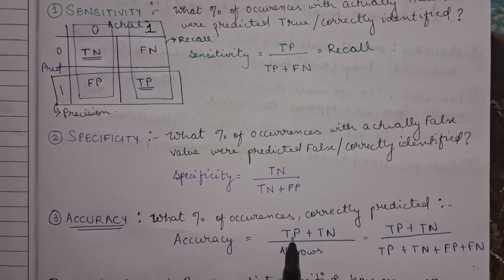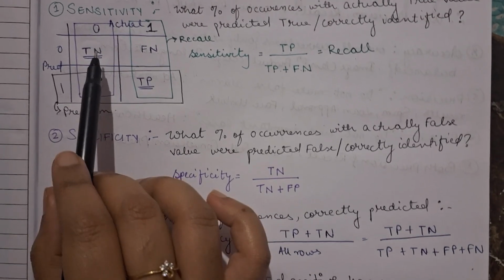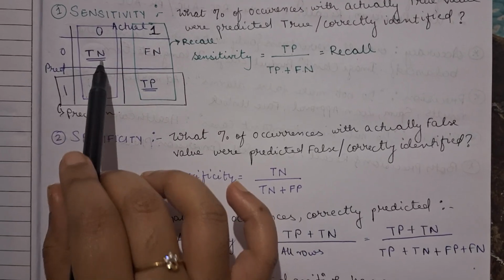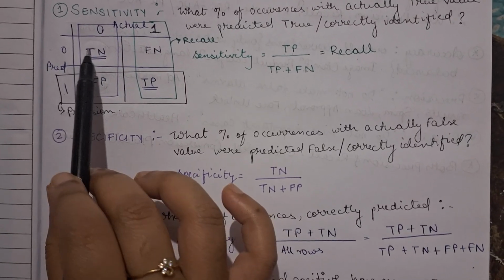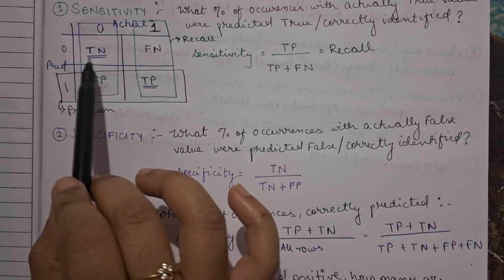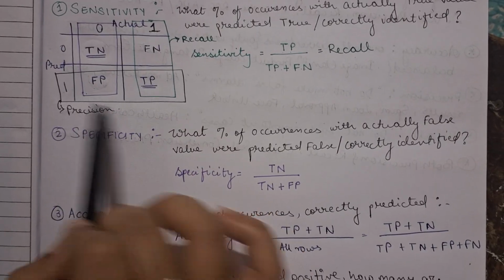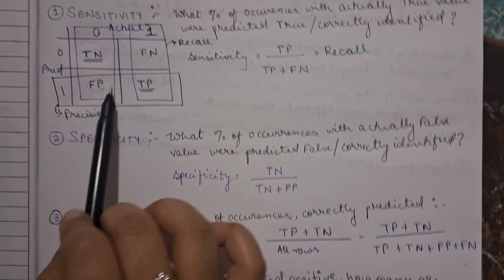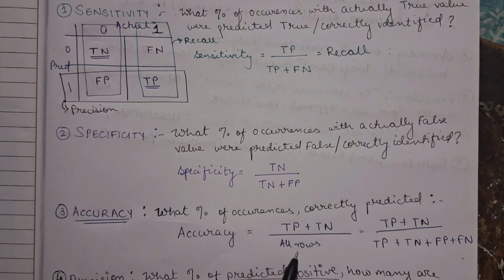So accuracy means in what all cases the model actually predicted correctly. So there will be 0 0 and 1 1, that is true negative and true positive, divided by the total number of cases or total number of rows.